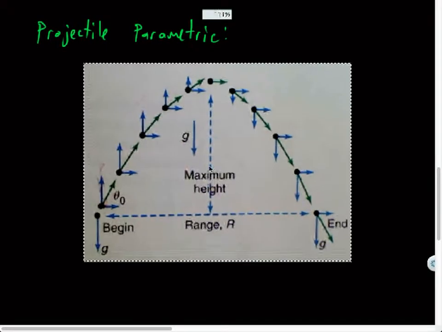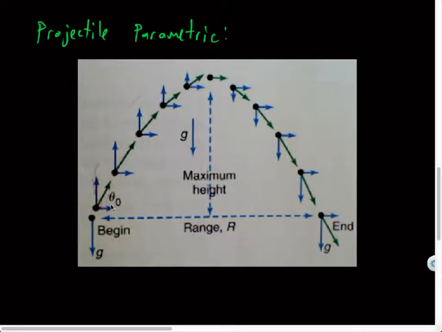All right, so here's the path of an object. The black dot is where it is at different times. So you can see that, and the green vector is the path of the object and the velocity of the object, so its vector at any given moment. You can see that it's actually changing over time, right?